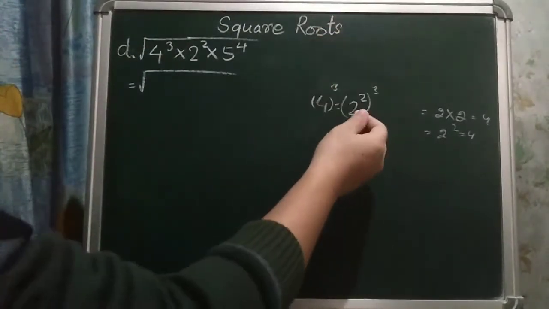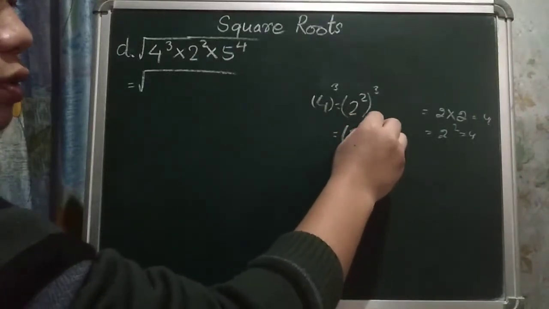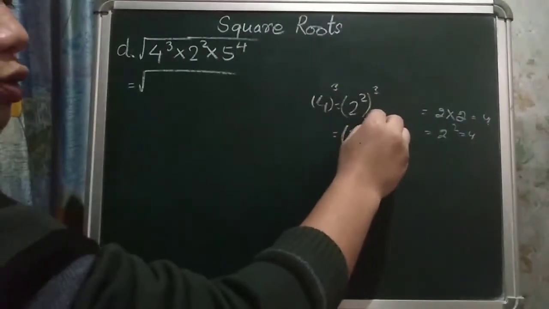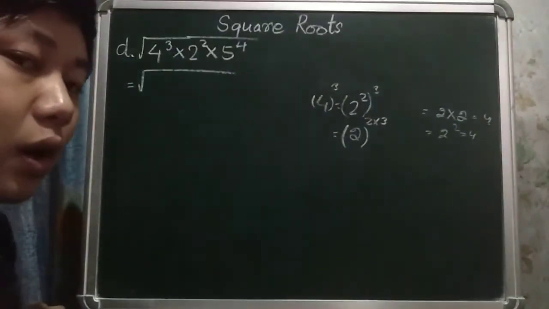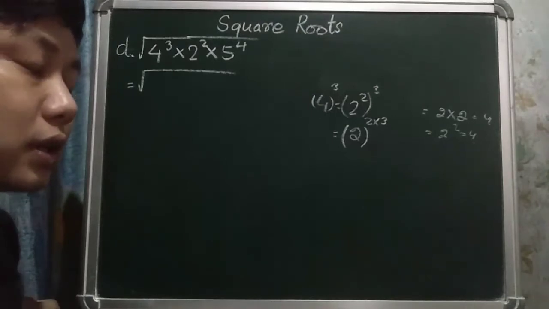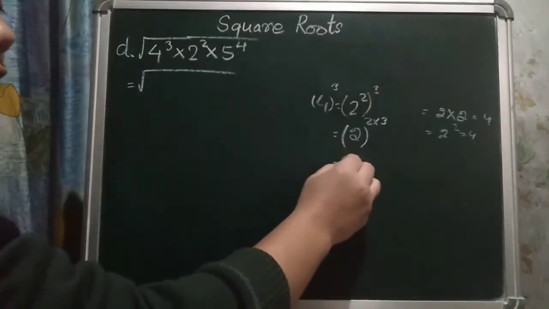Okay, so what happens now if we solve this? 2 to the power 2 into 3. We all know the law of exponents. Okay, we are doing this from the law of exponents.